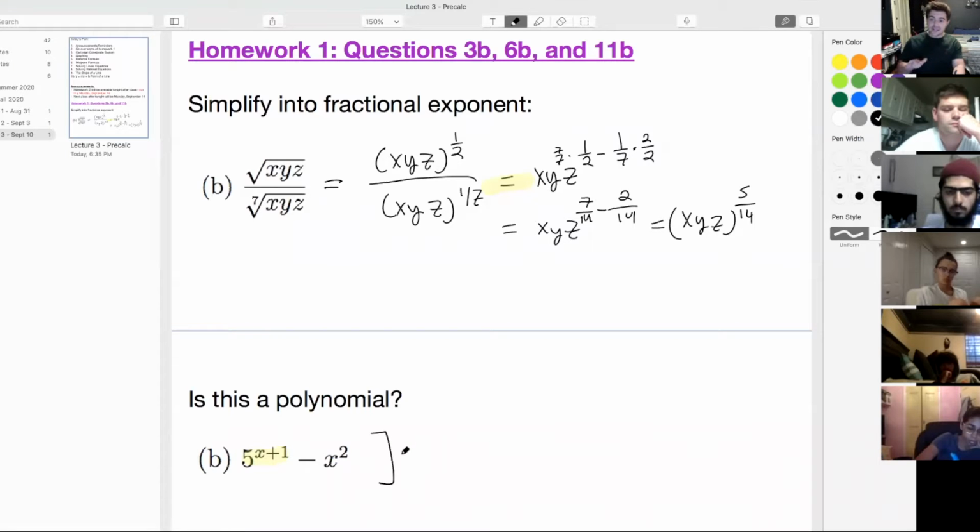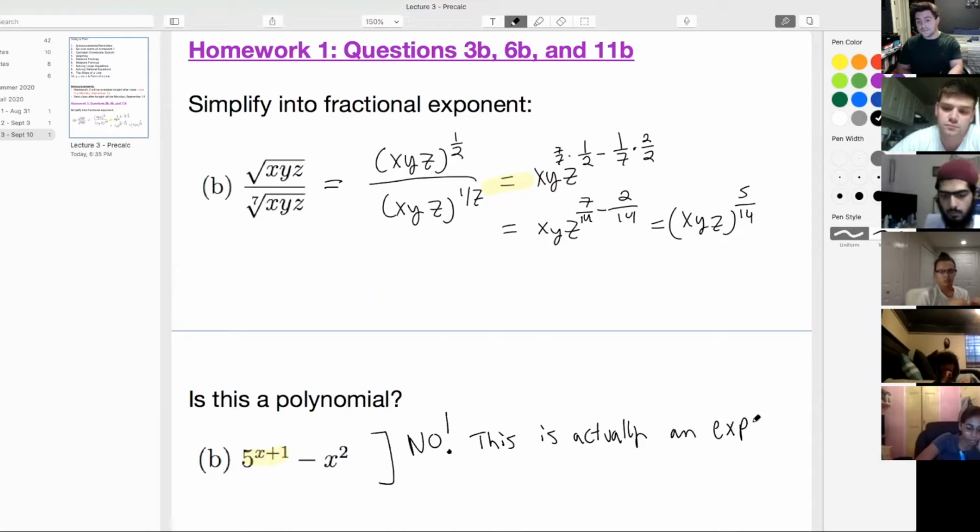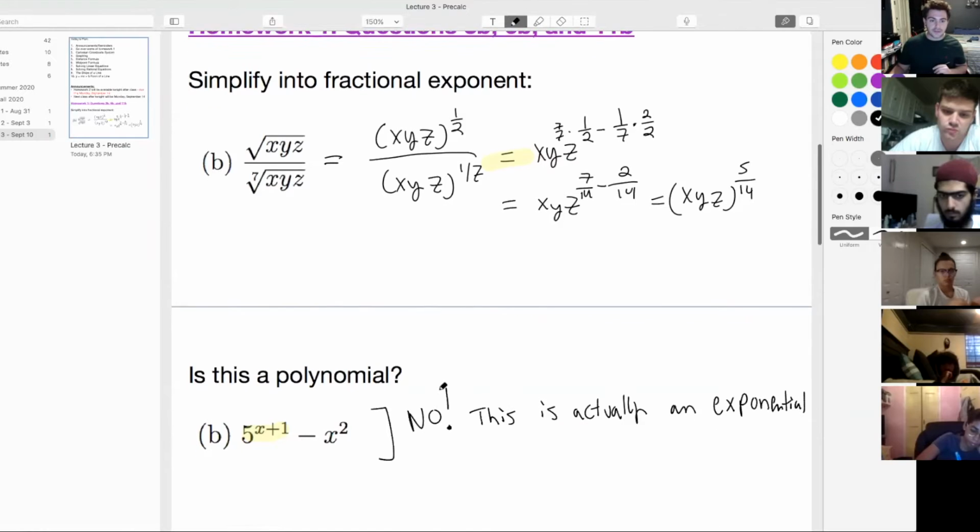So that violates the definition of polynomial. So the answer is no, okay? And this is actually an exponential, okay? Which we will do later in the semester, okay? This is actually an exponential function. Okay, so because of the variable x in the exponent, that makes it not a polynomial, okay?